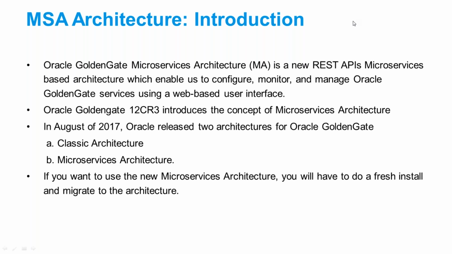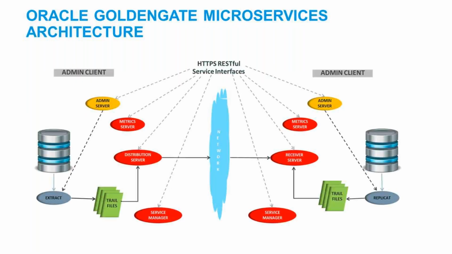So Oracle GoldenGate microservices architecture allows you to configure, monitor, and manage Oracle GoldenGate services using a web-based user interface, just like we see. So this is the architecture of microservices. In microservices, you have the service manager. Under the service manager, you have different services like the admin server, performance metrics server, distribution server, and receiver server.